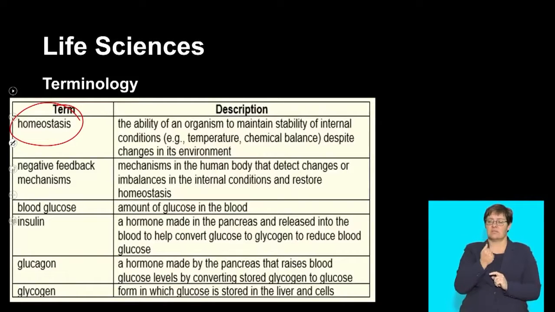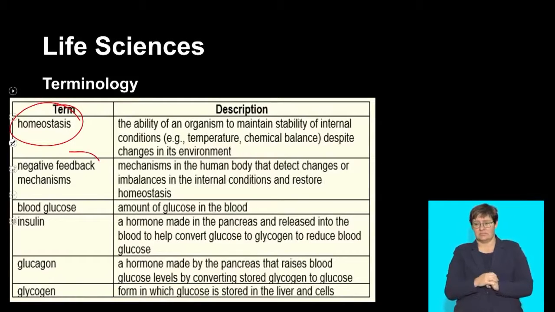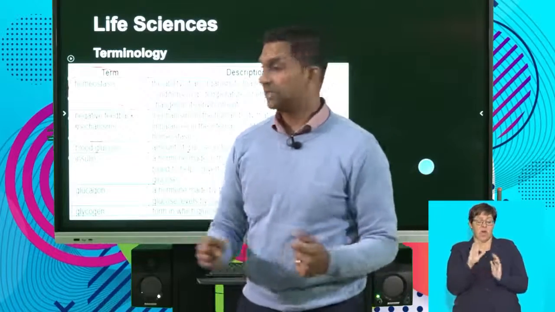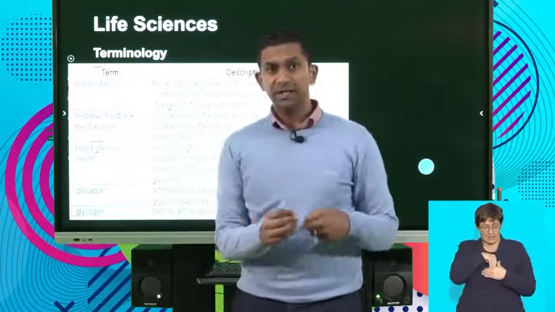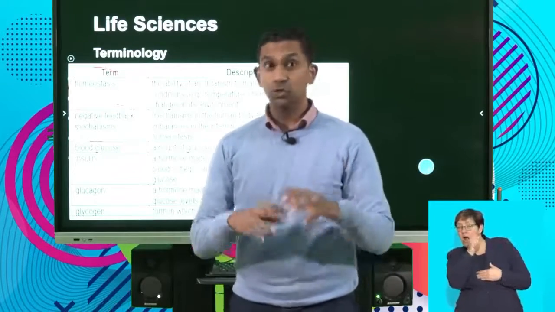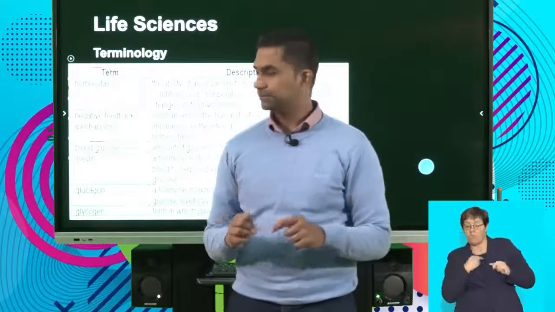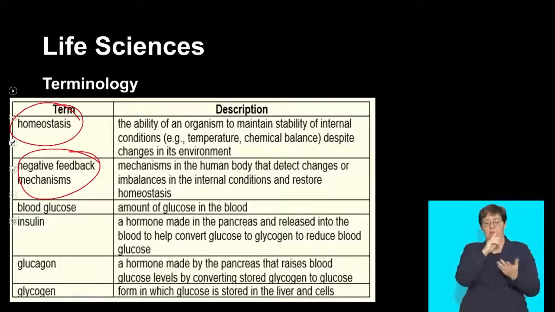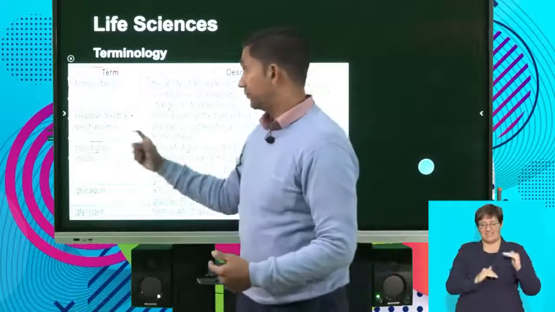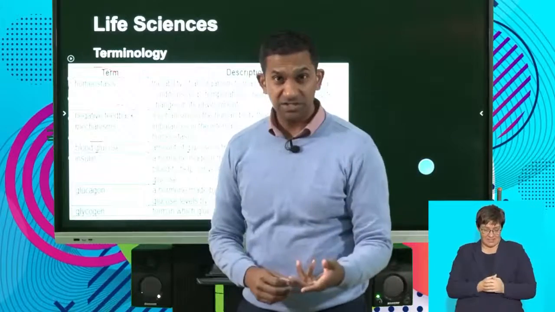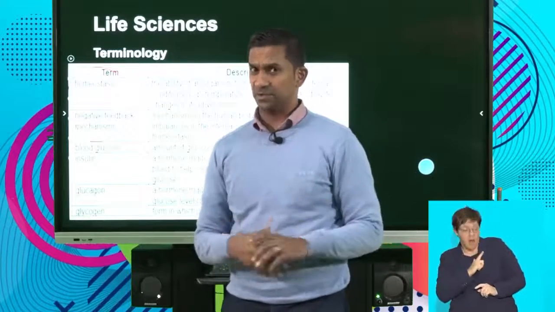mellitus. Okay? The concept of negative feedback, again, it's important for us to recognize that negative feedback refers to processes in the body that respond in an opposite manner to a change. I'll say that again. Negative is an opposite, feedback is a response, and mechanism is a process.